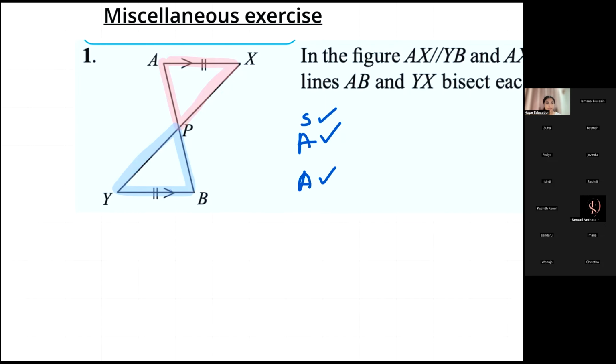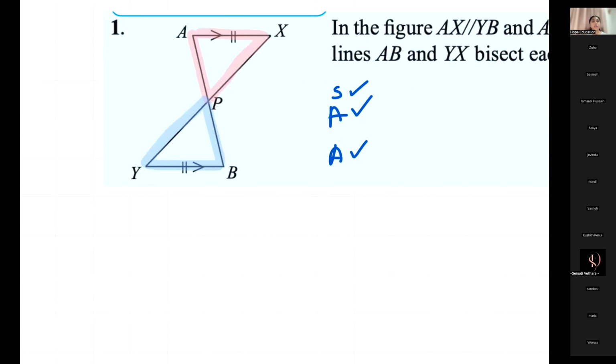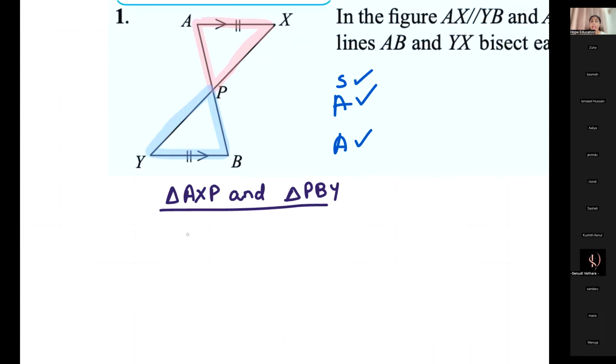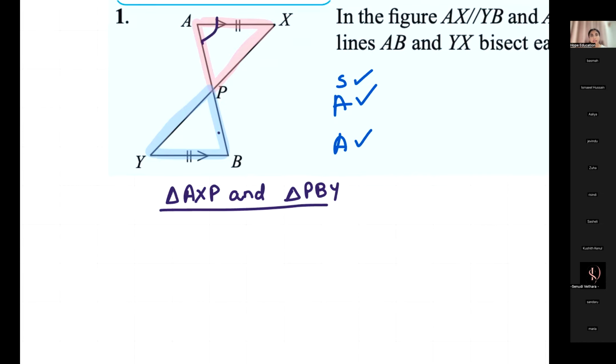Let's write it down. In triangles AXP and PBY, out of the three pairs of angles, all three pairs are equal. This is equal to this, alternate angles. This is equal to this, alternate angles.